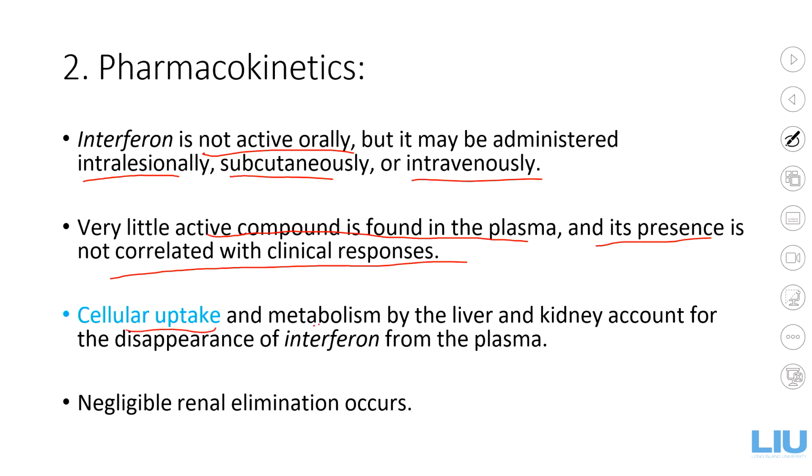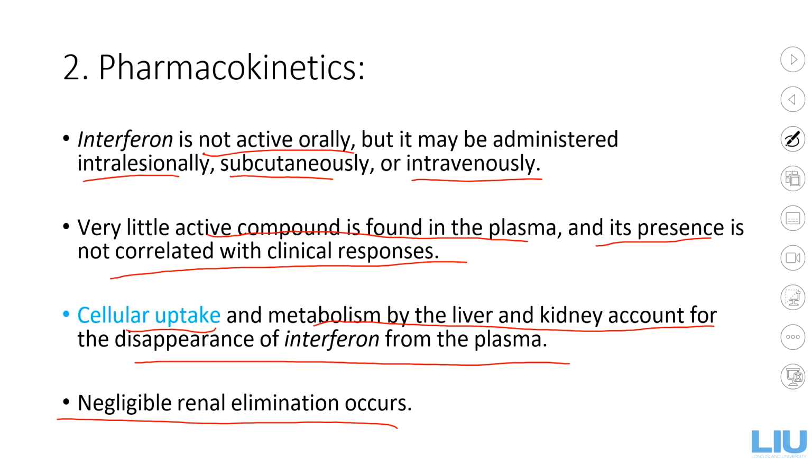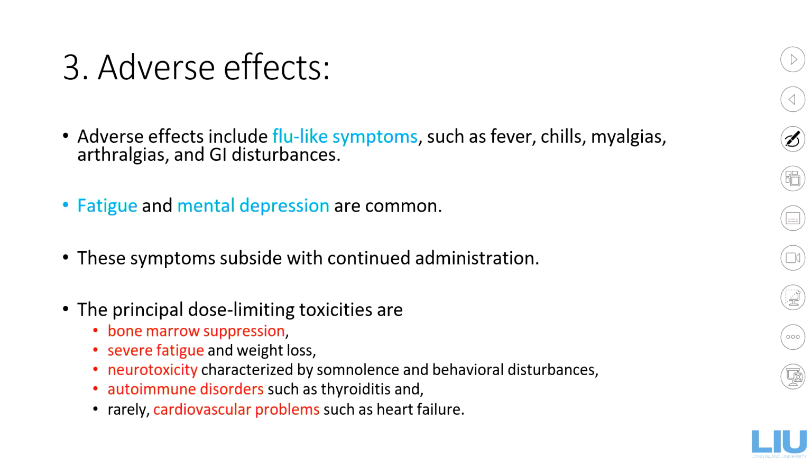Cellular uptake and metabolism by the liver and kidney account for disappearance of interferon. Okay, so we're talking about interferon, and this is one of the problems, that there's little drug that stays in the plasma because it's being taken up by the cells, and then it's also metabolized by the liver and the kidney, okay? So that's when the importance of the pegylated forms comes in, okay?